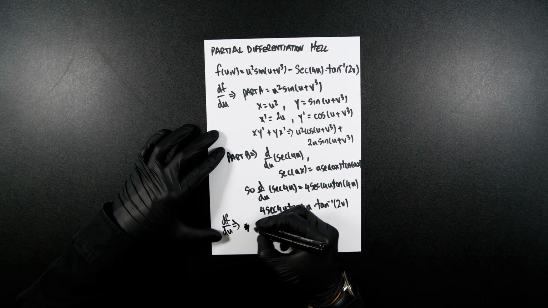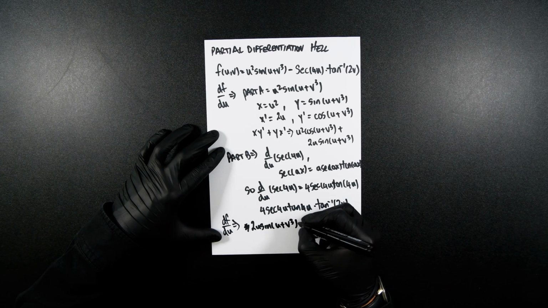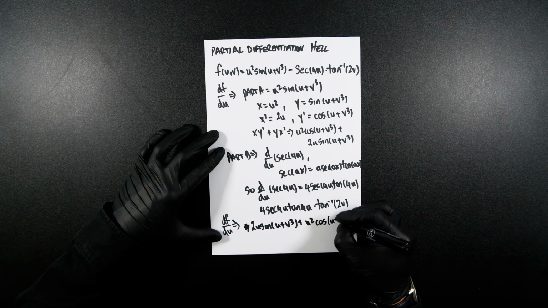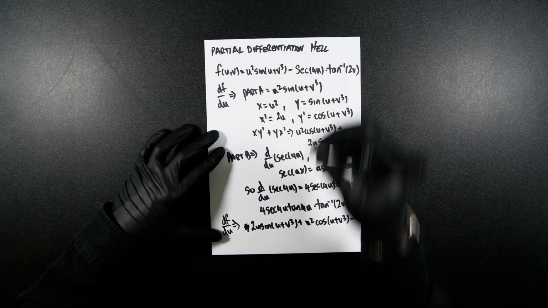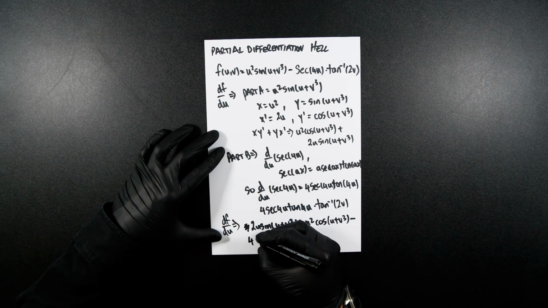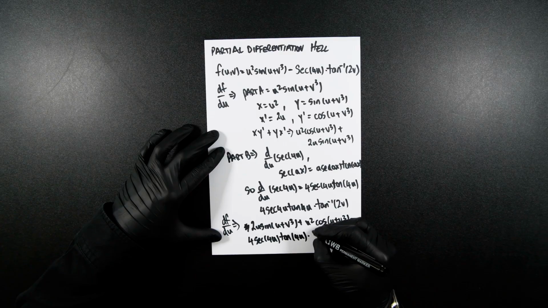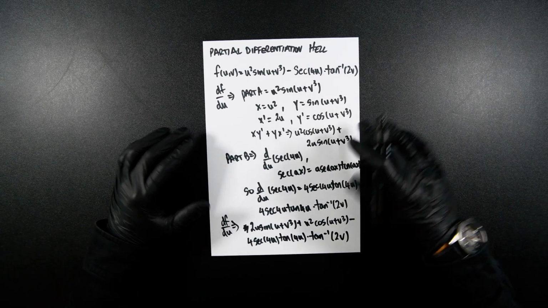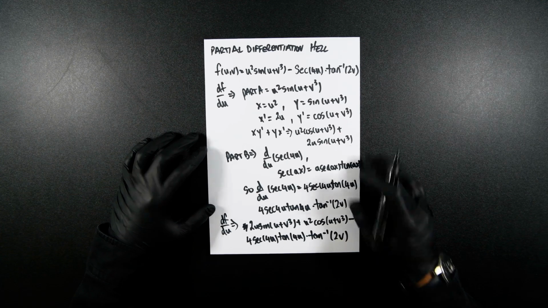So we're going to get 2u sine(u plus v cubed) plus u squared cos(u plus v cubed) minus, because obviously remember we've got to bring that back in, 4 sec 4u tan 4u dot tan minus 1 2v. Obviously, this is going to be beyond horrific when we have to do df/dv.